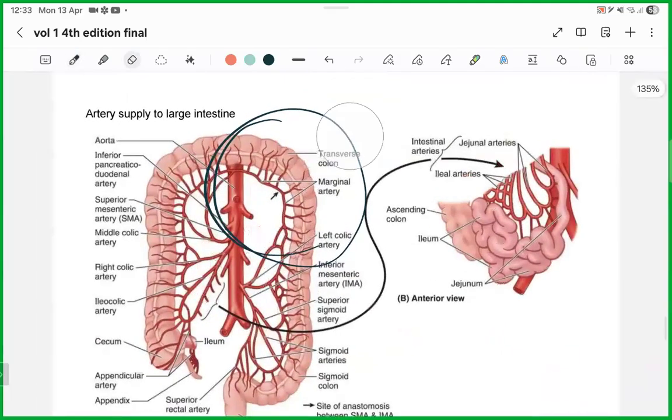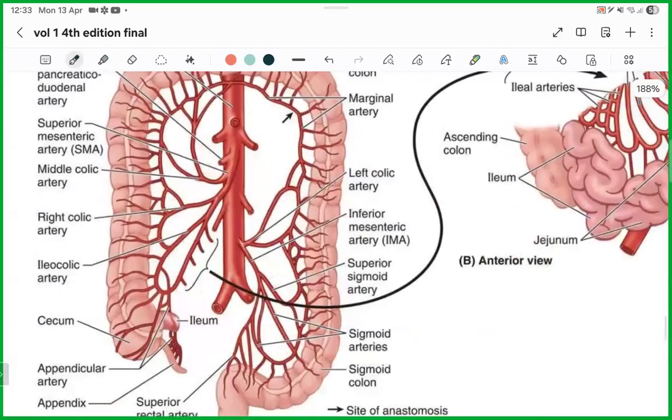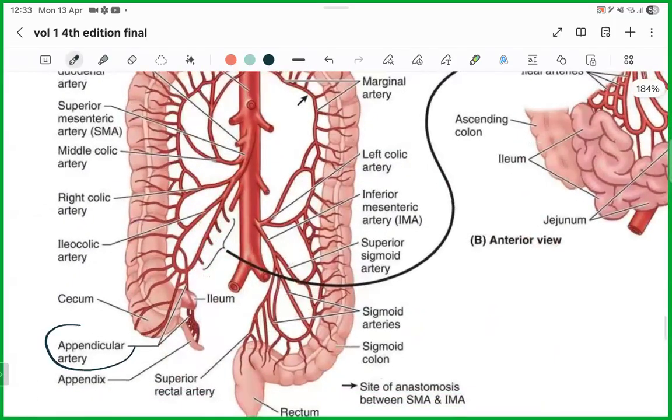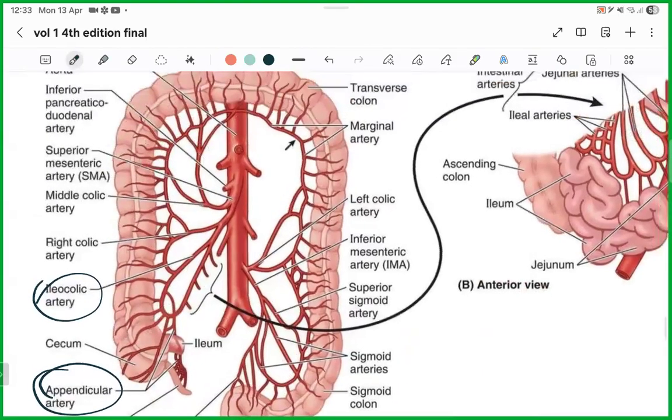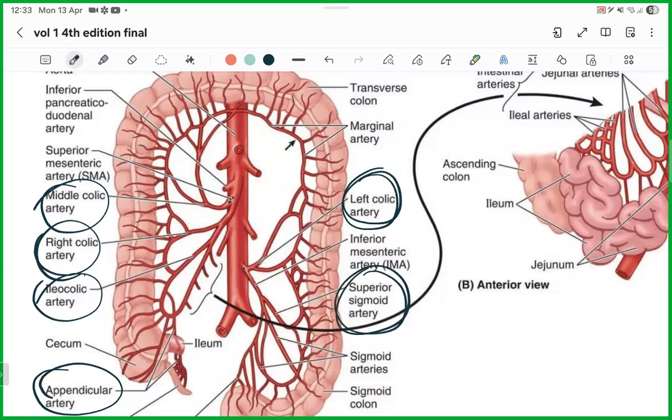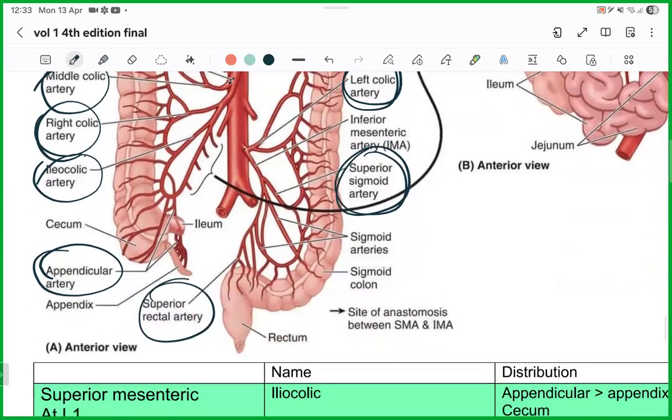Artery supply. Just the way I told you, you need to know that appendicular artery is a branch from ileocolic artery, and it's an end artery. And what are the branches? Ileocolic artery, right colic artery, middle colic artery from superior mesenteric artery, and from inferior mesenteric artery, left colic, sigmoid artery, and superior rectal artery.